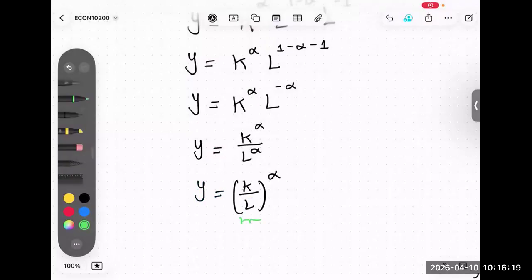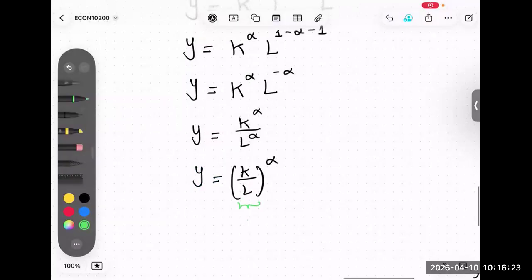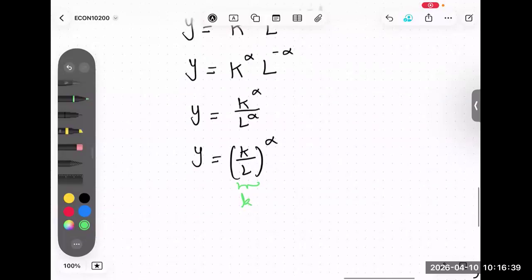We will use more notation. K over L can be expressed as lowercase k. Actually, this ratio is known as the capital labor ratio. And intuitively, it's just capital per worker, right? And lowercase k represents precisely that.